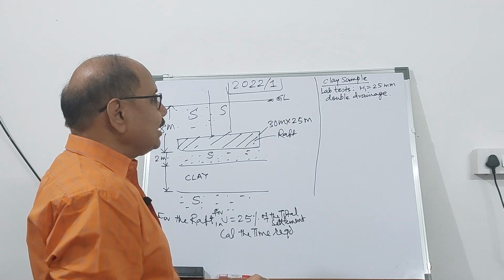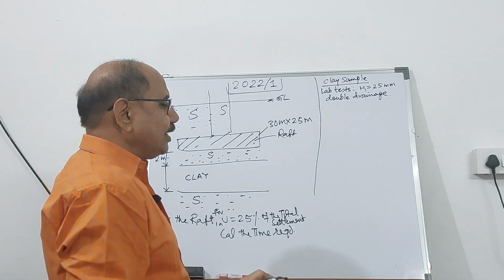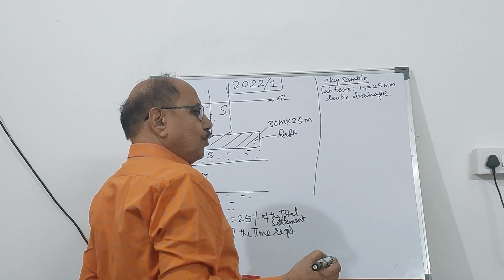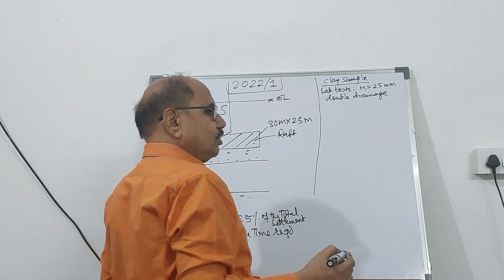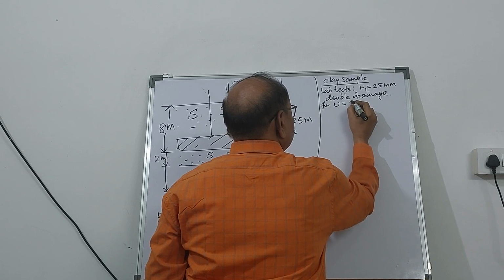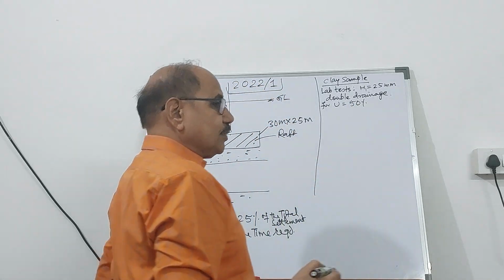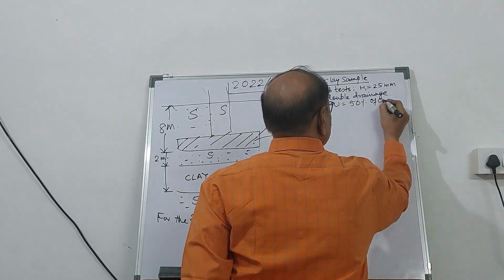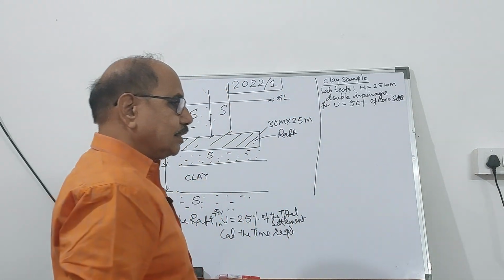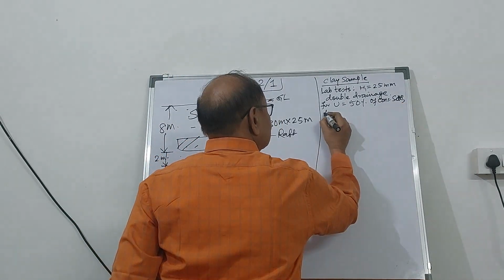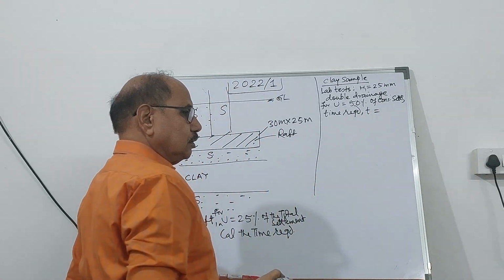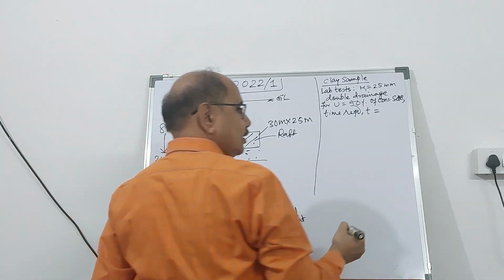So in the consolidation test, the double drainage consolidation test has been performed, and for u equal to 50% of consolidation settlement, the time required t is 10 minutes.